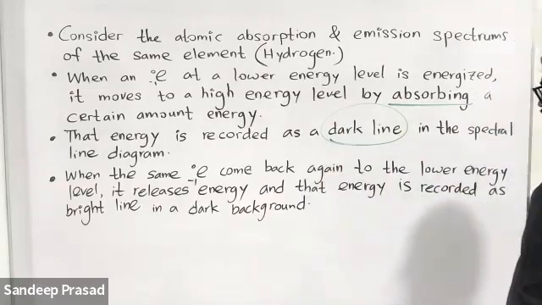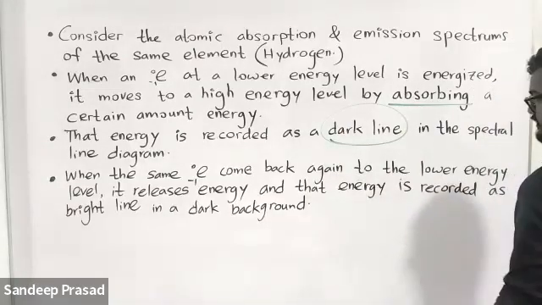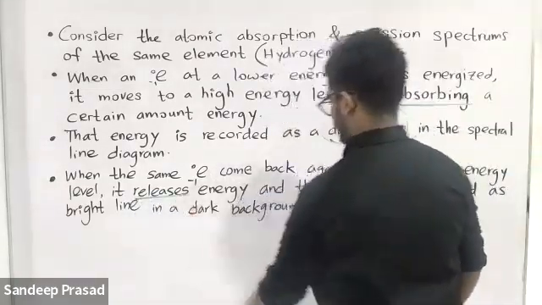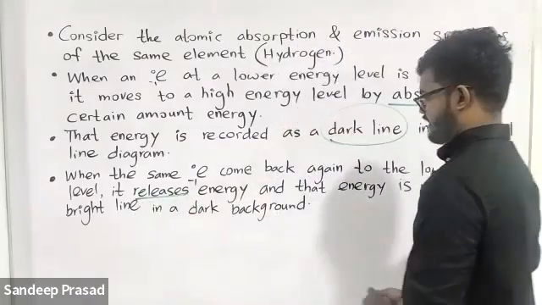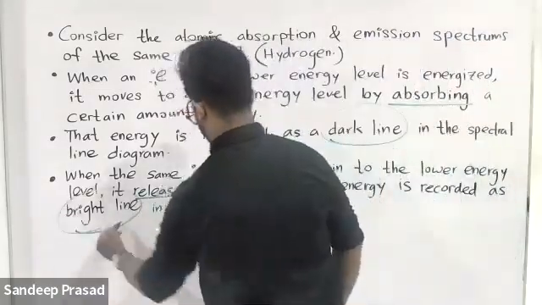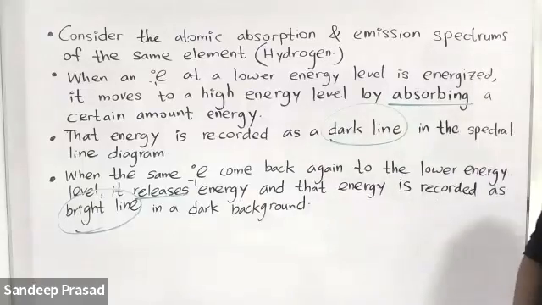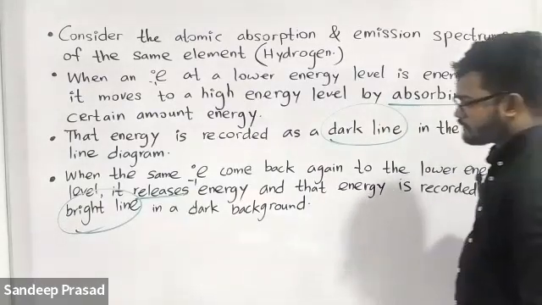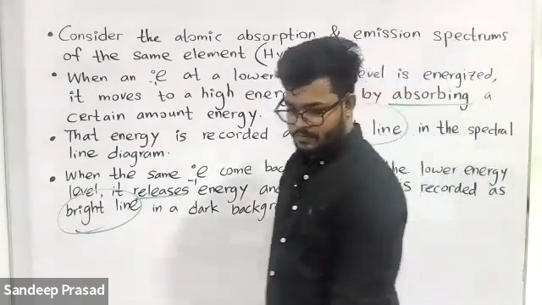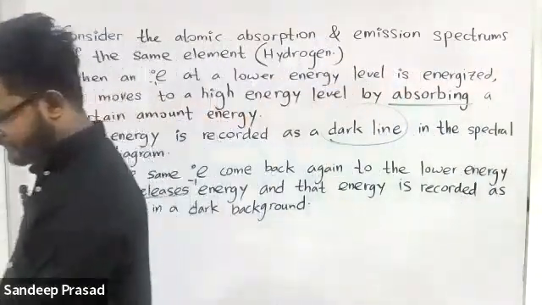When the same electron comes back again to the low energy level, it will release energy. That energy is recorded as a bright line in a dark background. Right, okay. Quickly complete this.